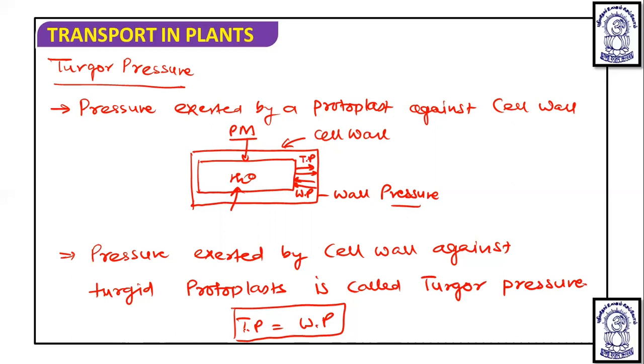Okay, so in a flaccid cell and a turgid cell: in a turgid cell, turgor pressure is highest, or we can say positive.